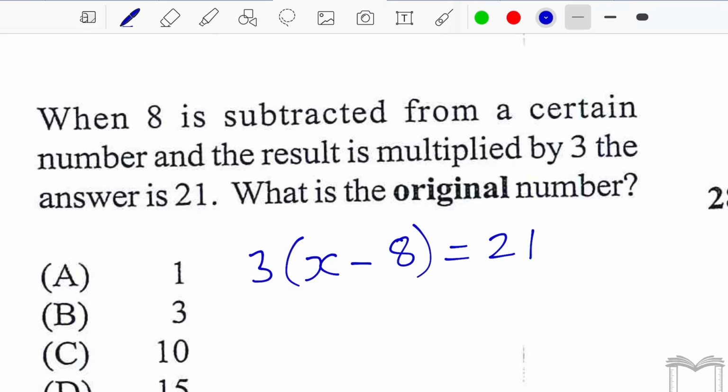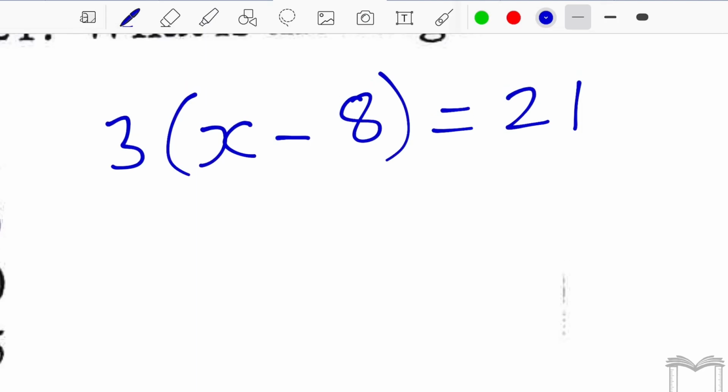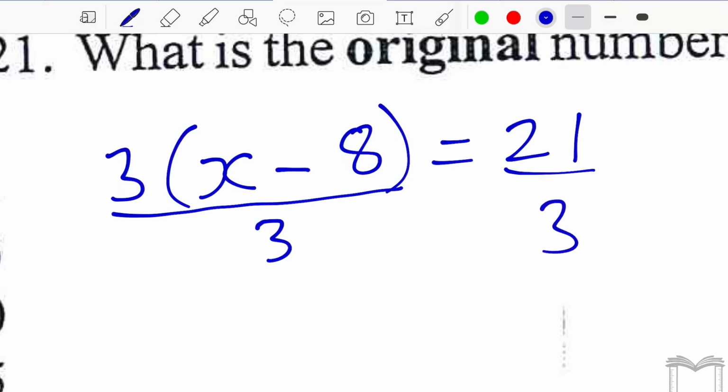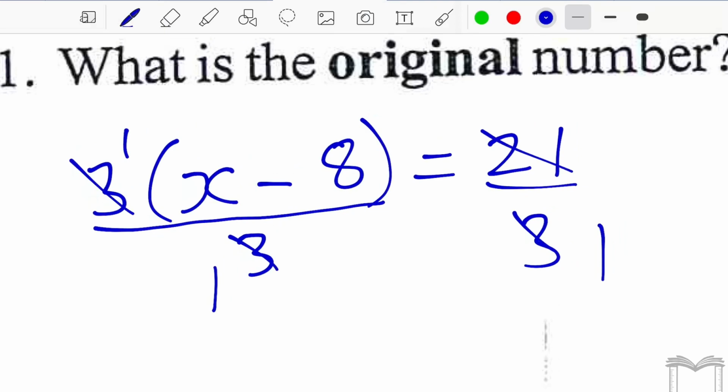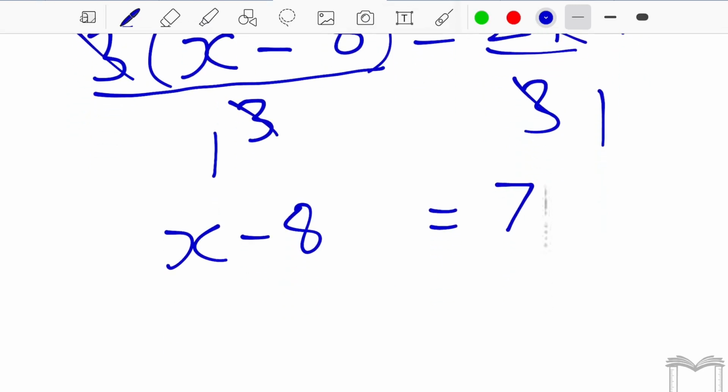So we must solve this to find x, or to find the original number. X is the original number. So let's divide both sides by 3. 3 into 3, 1, 3 into 3, 1, 3 into 21, 7. So x minus 8 is equal to 7.